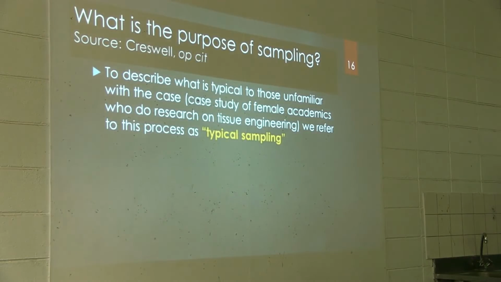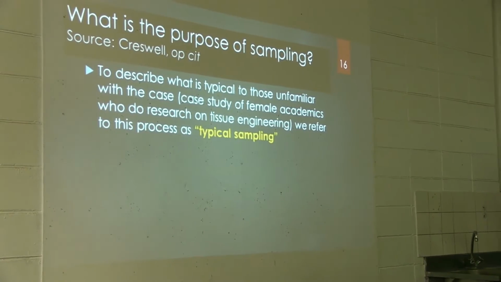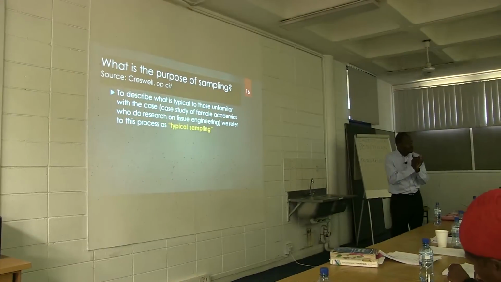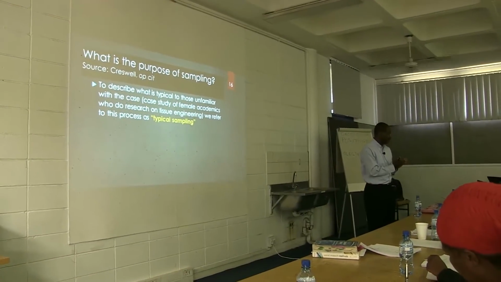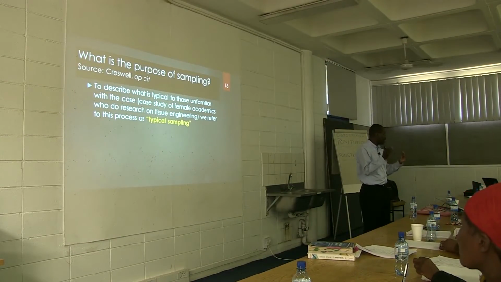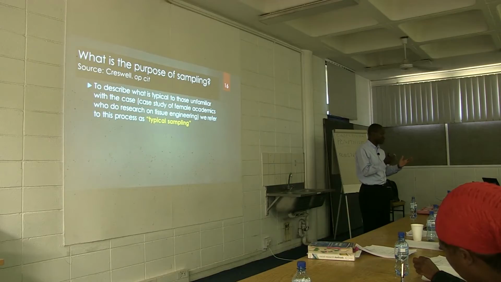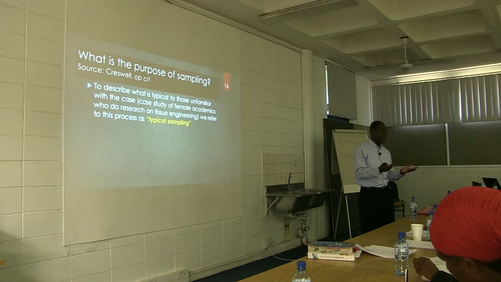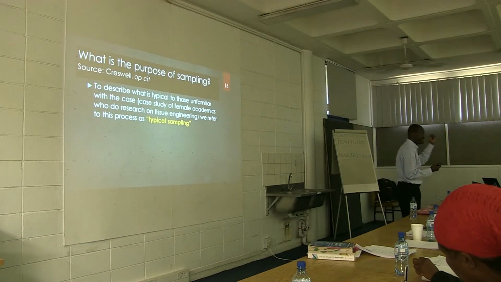That's your typical sampling. You are interested in a small group for whom, to most people, this is very unfamiliar. If I say to us in this room, raise your hands for those of you that are familiar with tissue engineering, there may be very few people. But anybody in this room who is above 50, you notice that your knees are beginning to give up, and your joints are beginning to become very cranky like mine.